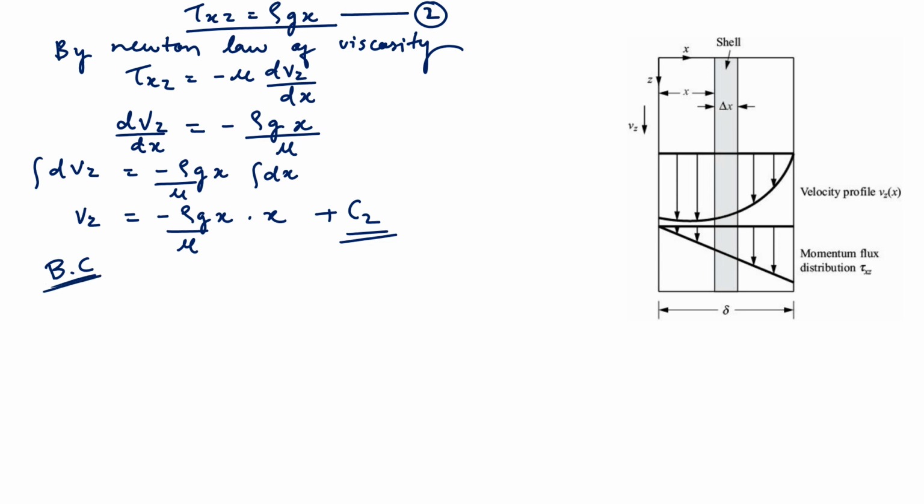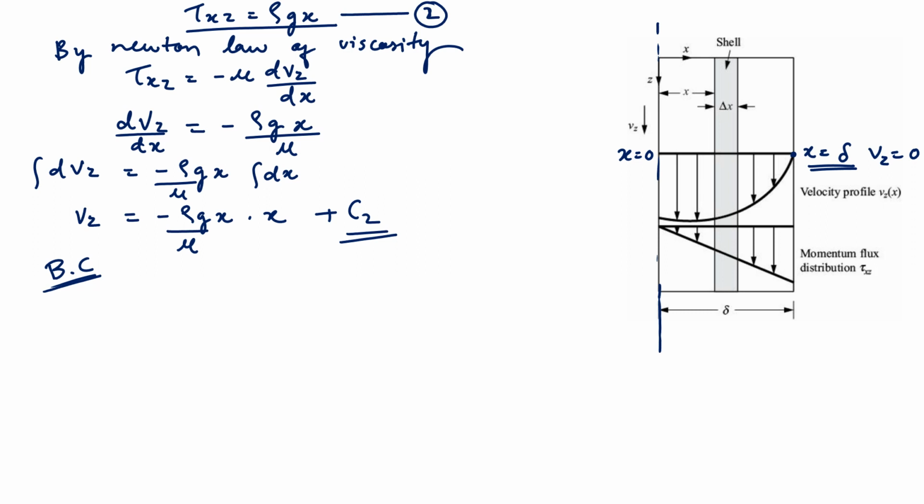At the boundary condition, check the velocity profile. At x equals to delta, velocity is 0, right? While at x equals to 0 here is my plate surface.